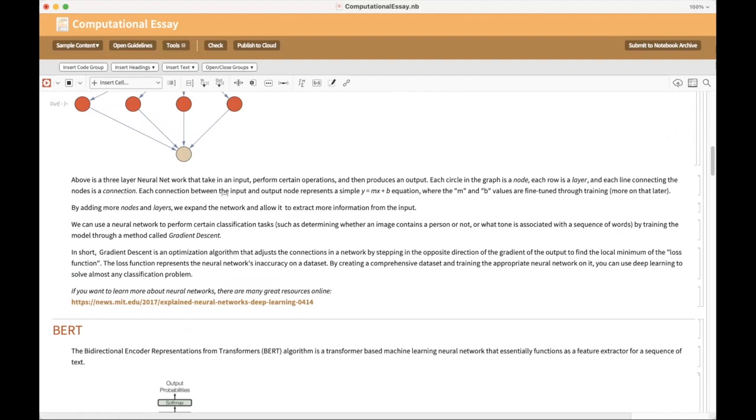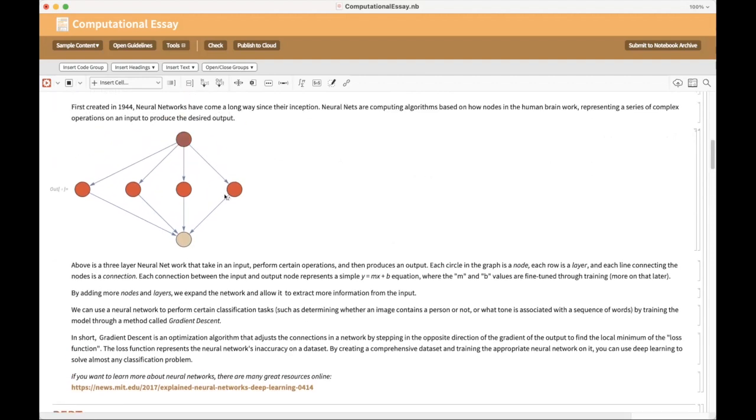Yeah, so gradient descent is pretty complicated. At first I myself thought of it as a black box, and that's how a lot of people think of it. It does all the magic behind the scenes to adjust these connections between these nodes.